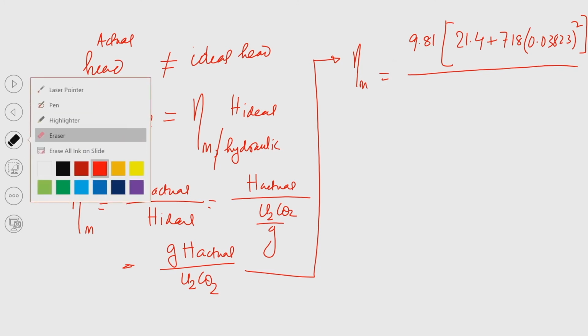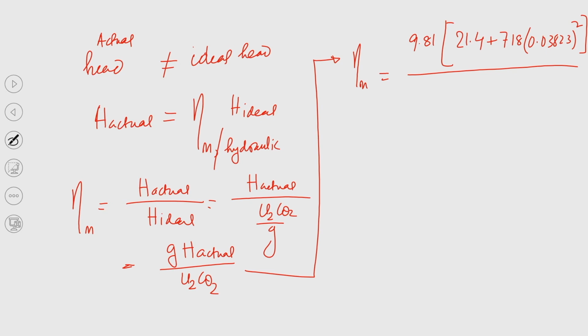So, what about H ideal? U2 C theta 2 by g, g I have already taken. So, what is U2? U2 is 18.25 and C theta 2 is U2 minus W theta 2, and that is U2 minus CR2 cot beta 2.